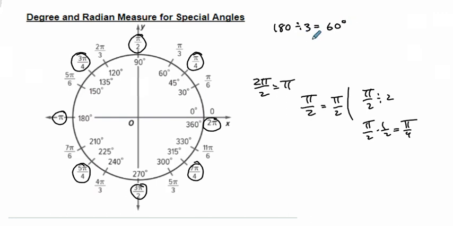So 1/3 of 180 is 60, and then 2/3 of 180 is 120, and then 3/3, which is a whole of 180, is 180. So that's how you arrive at these numbers here.